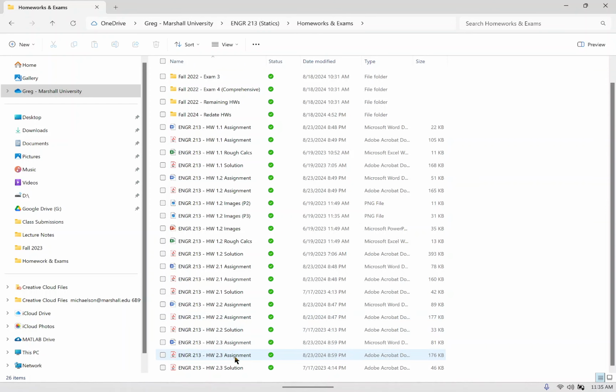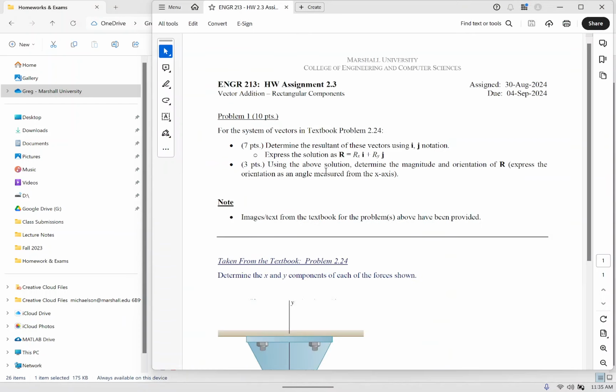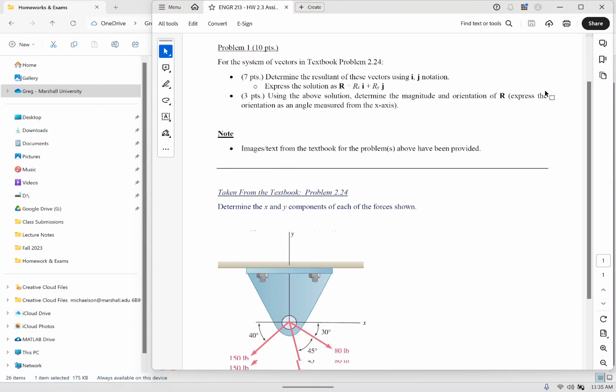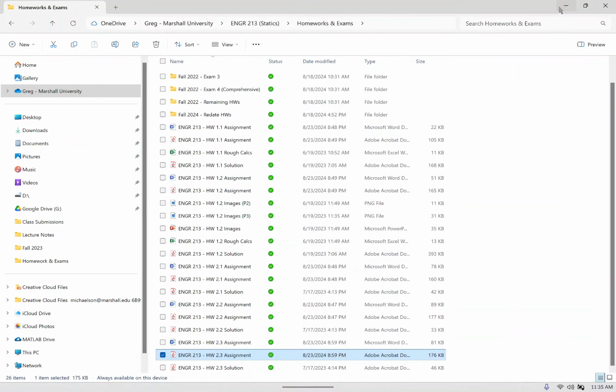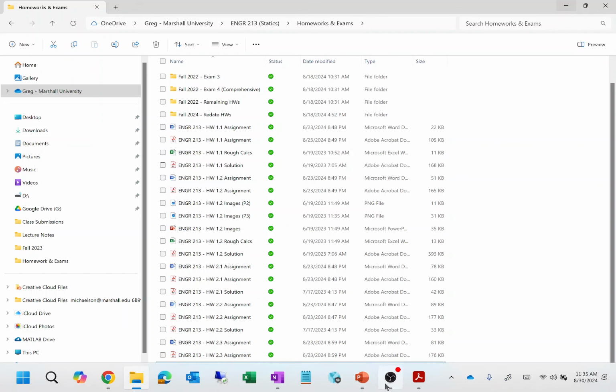But this is, let's see, we're on 2, 3. So I'm giving you a series of vectors. Just basically do what we've done here, right? Add them up, give me the resultant, give me the magnitude and orientation of the resultant. Pretty straightforward. Not too bad, right? Hopefully this homework is boring. If it is, then you're comfortable with this topic.